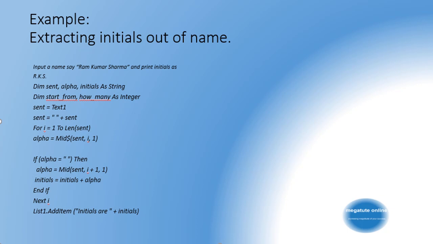Now let's see an example of pulling out initials out of a name. The question says input a name, say Ramkumar Sharma, and print initials like RKS. Now if you look over here in the name Ramkumar Sharma, how do you pull out the initial? What is the similarity between the initial, that is K and S? If you observe closely, you'll see that the K also comes after the space and S also comes after the space.